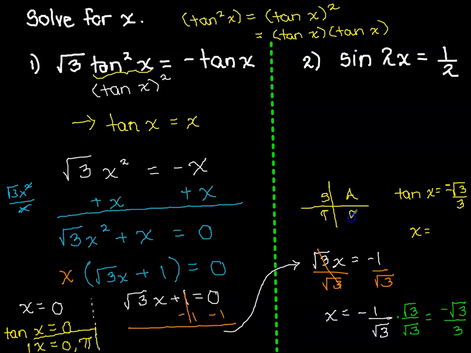All students take calculus. Tangent is positive in quadrants 1 and 3. So I'm going to look in quadrants 2 and 4 for the angles where tangent is negative square root of 3 over 3. One thing to keep in mind, anytime the radian value is over 6, tangent is negative square root of 3 over 3. So that would be at 5 pi over 6 and 11 pi over 6. So those are my answers. Those are my angles. I hope this helps. Since I'm out of room, I'm going to do the other problem on another slide.